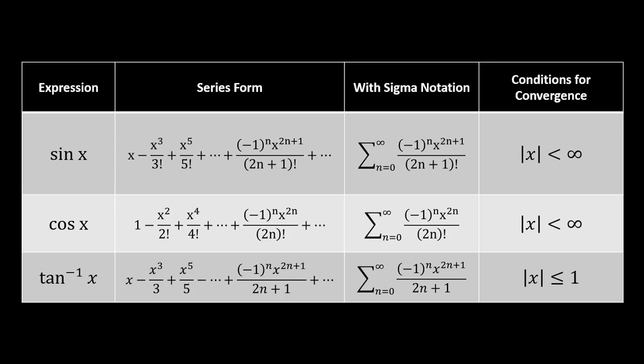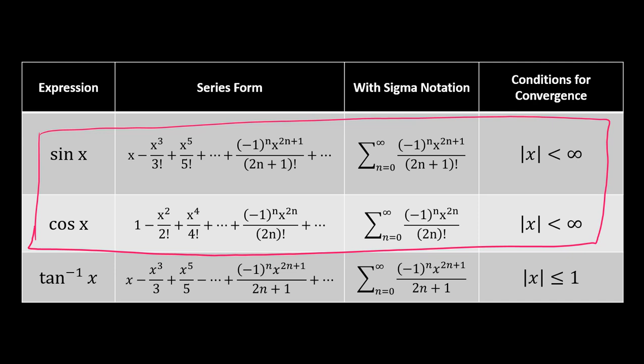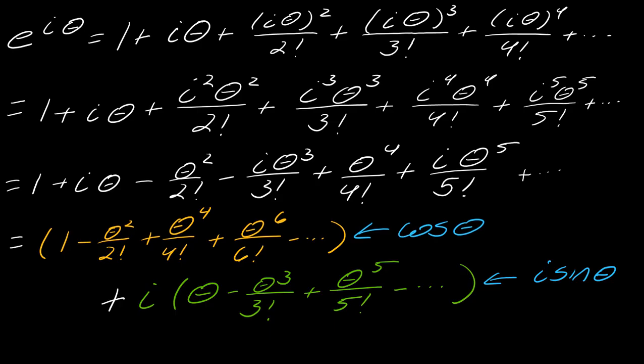Specifically, they look very similar to sine of x and cosine of x, right? Sine of x was all of these odd powers, and cosine of x was all of these even powers. So this series of even powers is really cosine theta. That's the Taylor series, right? And this one here becomes i sine theta. Again, that's the Taylor series in disguise.